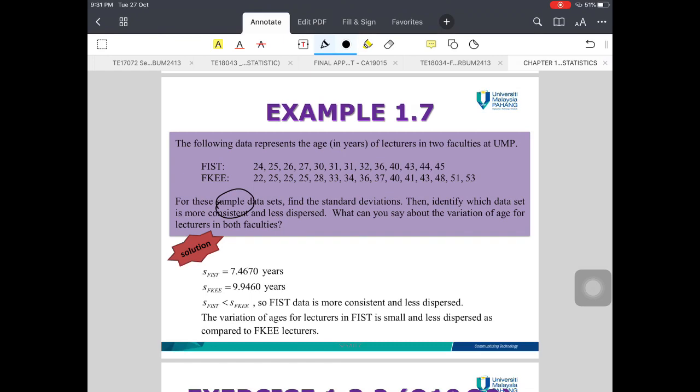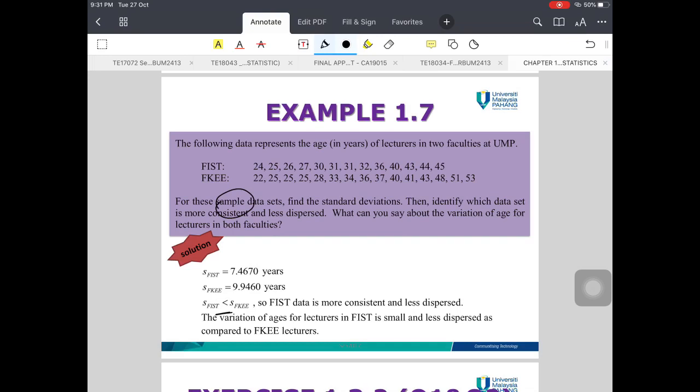Our data refers to a sample, so take the standard deviation for a sample. To say about the variation, we can compare with standard deviation if we have data sets with the same units. Our standard deviation for FEES is lesser than FKE. So we can say that FEES data is more consistent and less dispersed.